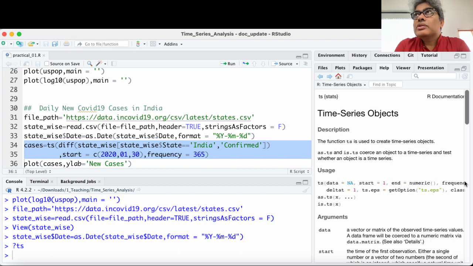Why? Because in time series you need indexing, right? It could be date, time, hour, minutes, seconds, whatever, but you need some kind of indexing of the data, because the order is very important in time series: who comes before whom and who comes after whom.